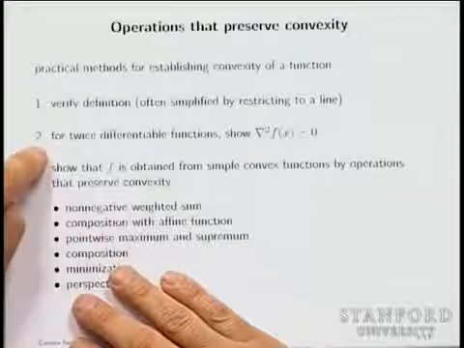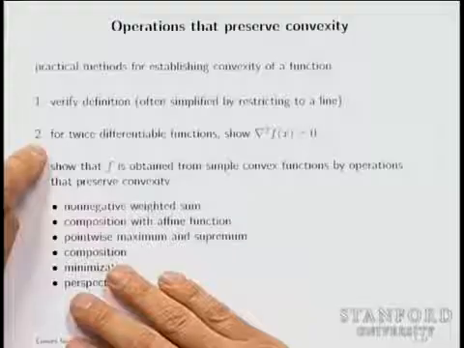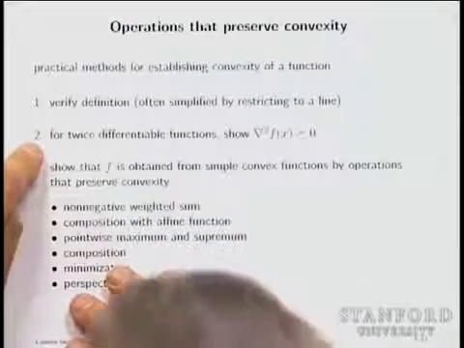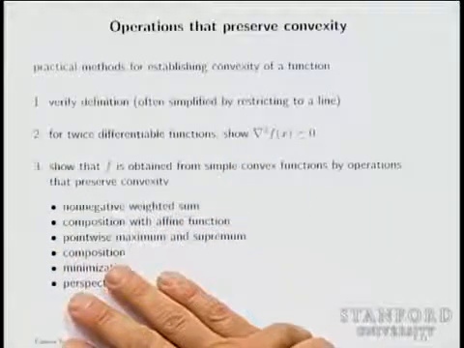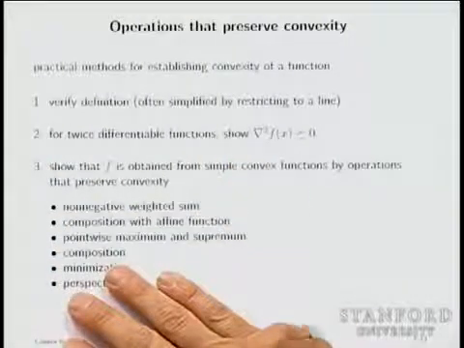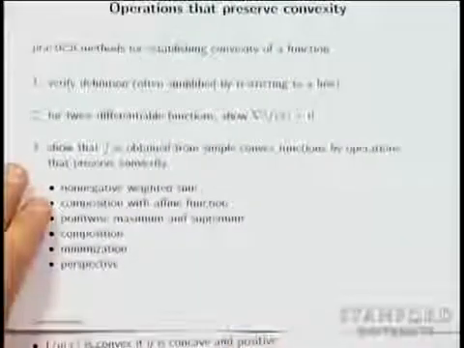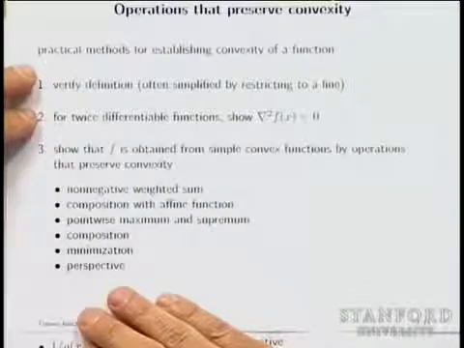If the function is twice differentiable, the equivalent of doing it by hand, and by the way, every now and then you do have to do things by hand, is that you will actually have to work out the Hessian. It might be easy, might be not easy to establish that the Hessian is positive semi-definite. But the way you really want to do things is reserve these two for when there is no other option.